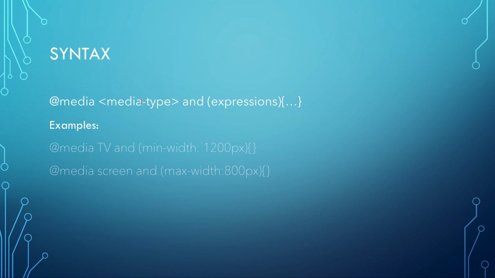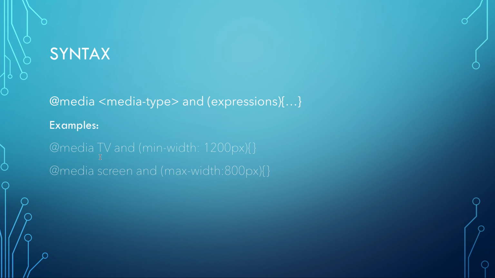Then we use the keyword and to attach an expression to it. An expression can be a variety of things too, like orientation of the screen or the width of the device or things like that. And then we have curly braces, which will wrap all your CSS styles for that device description.